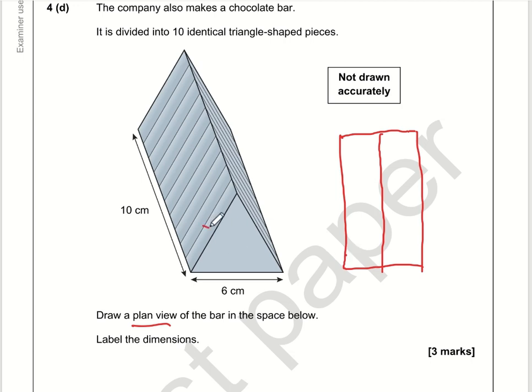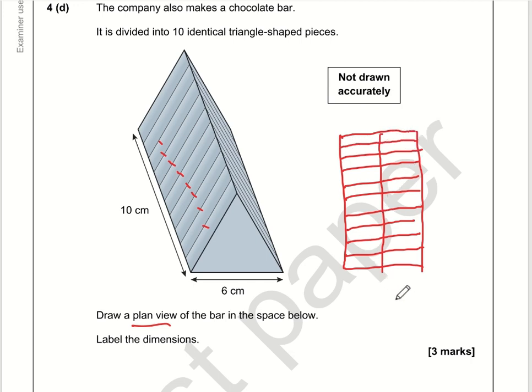So there are 1, 2, 3, 4, 5, 6, 7, 8, 9, just about squeeze them in, and we need to label this. So this is 6 centimetres and this is 10 centimetres, and that is the job done for that question.